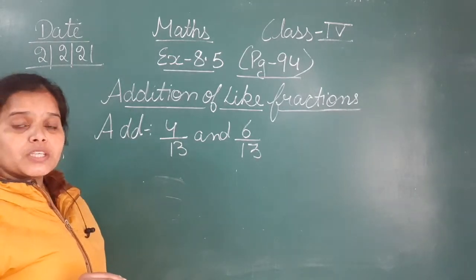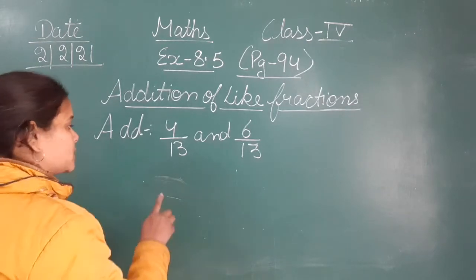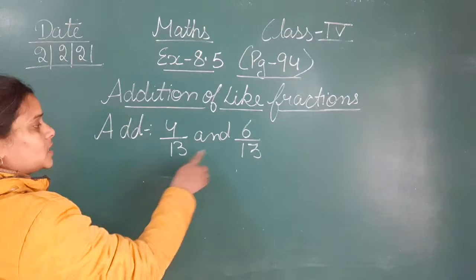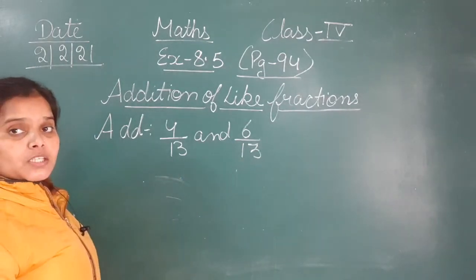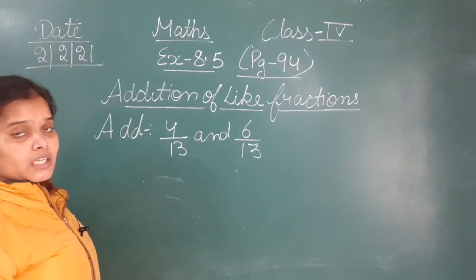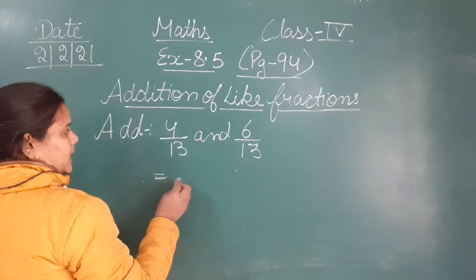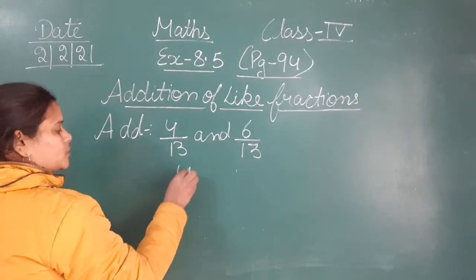Okay, वो कौन से होने चाहिए? They should be like fractions. So देखिए 4 upon 13, 6 upon 13. They both have 13 as their denominator. दोनों का denominator क्या है? 13. So we will simply add. They are like fractions.